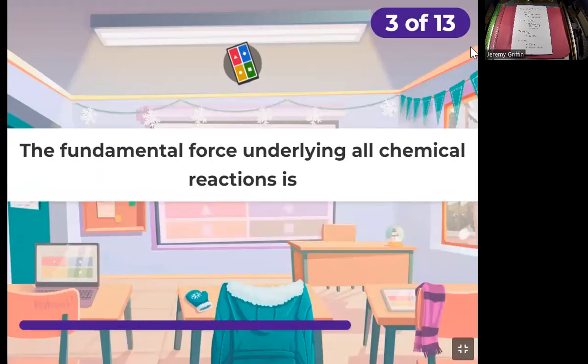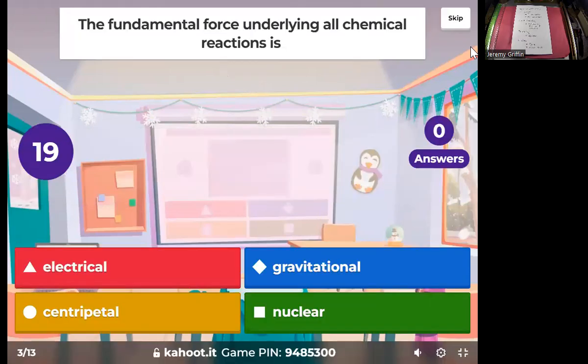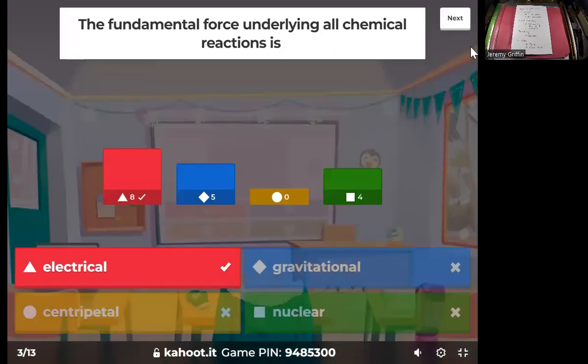The fundamental force underlying all chemical reactions is what? Yeah, electrical. So think about how the periodic table is organized.